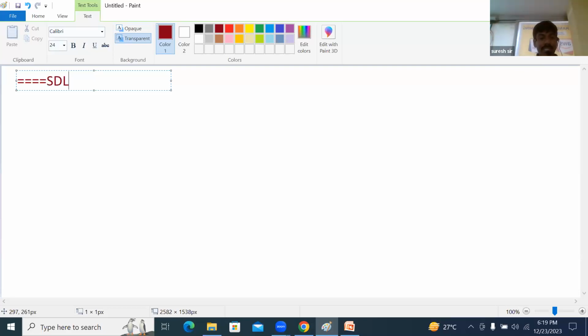Mention SDLC within brackets. What is the meaning of SDLC? Software development life cycle. So within brackets, mention the software development life cycle.